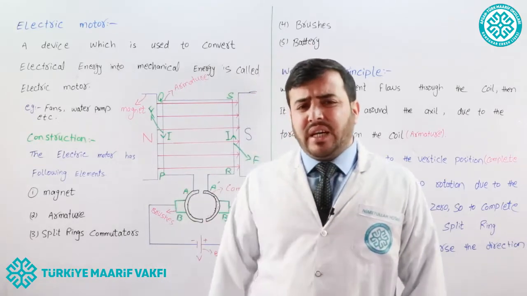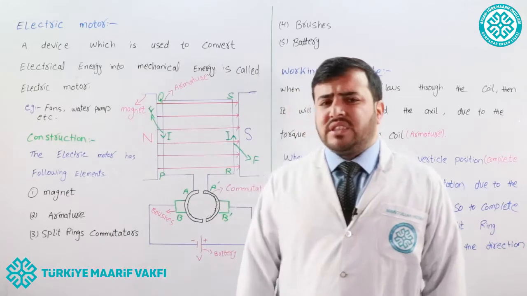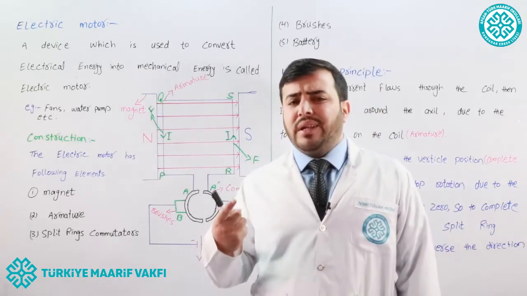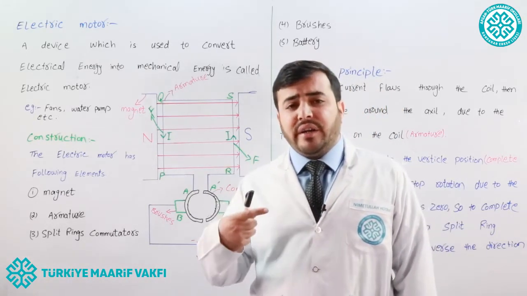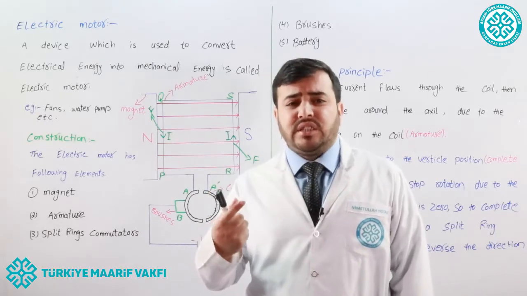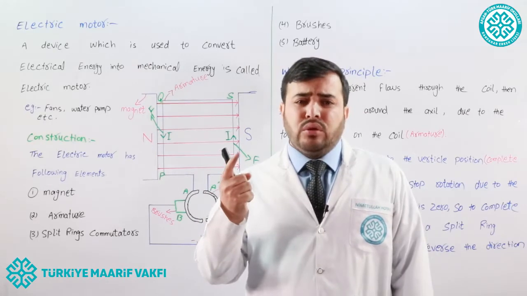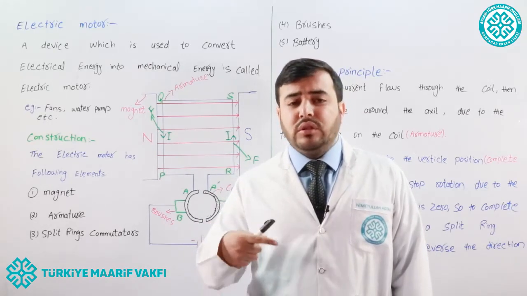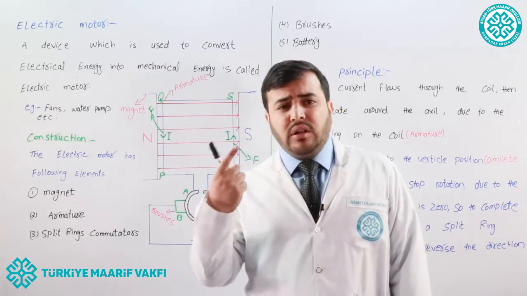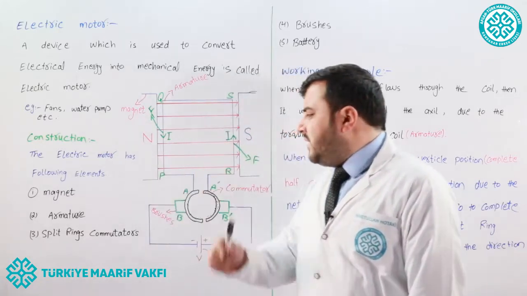The principle is, as we discussed in the previous lecture, that when a current carrying loop is placed in a magnetic field, it will start to rotate due to the torque acting on the loop. The same principle applies here.